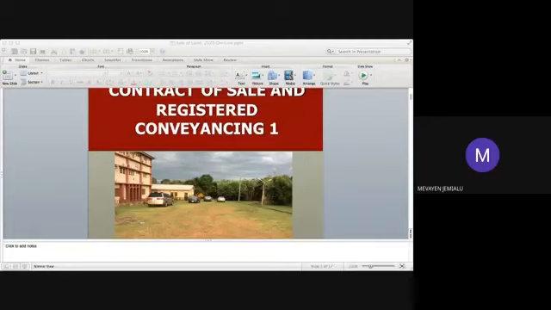Then at the end of the entire transaction, when title has been deduced and investigations have been carried out, they are ready to go on to completion.